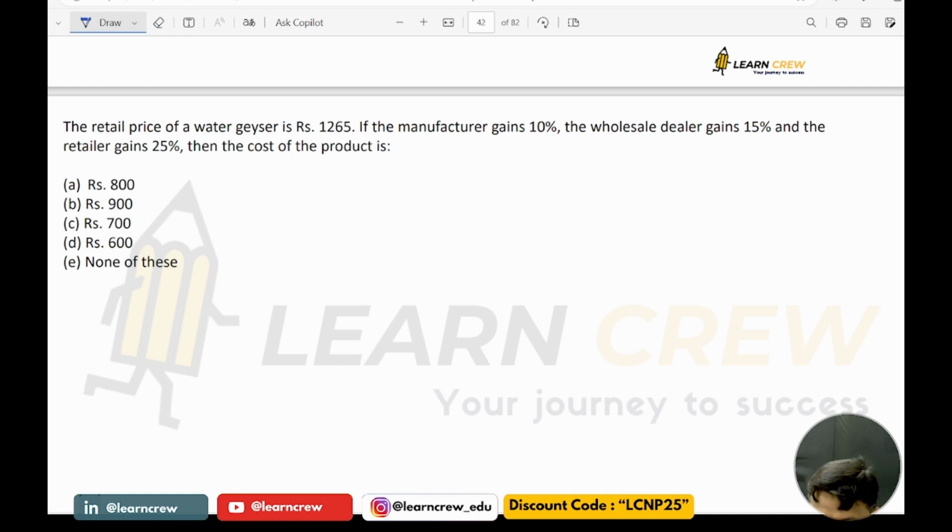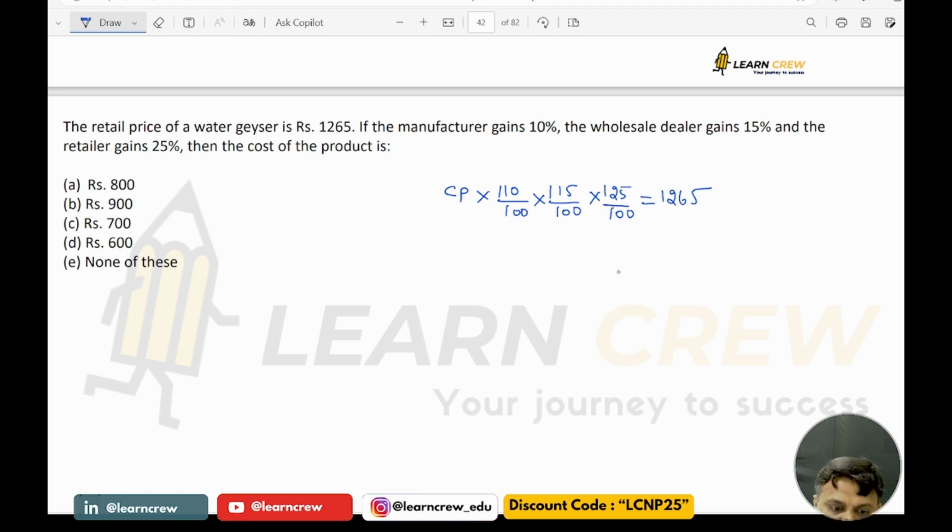So here, first the manufacturer gains 10%, the wholesaler gains 15%, and the retailer gains 25%. Finally, he sold at 1265.